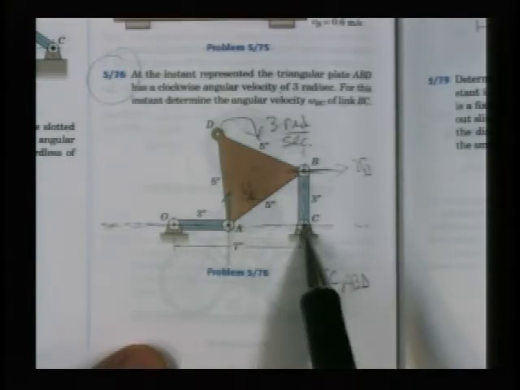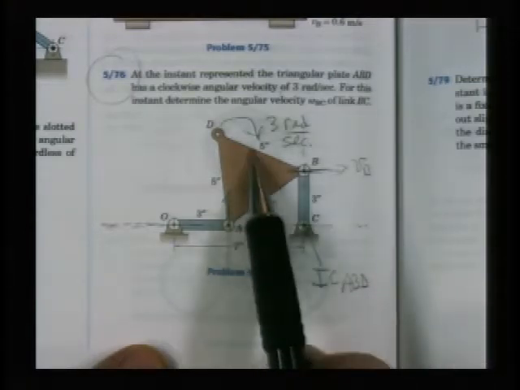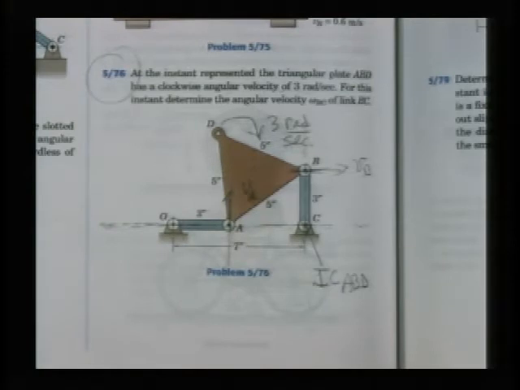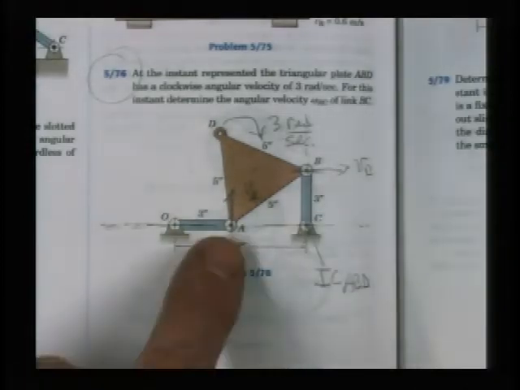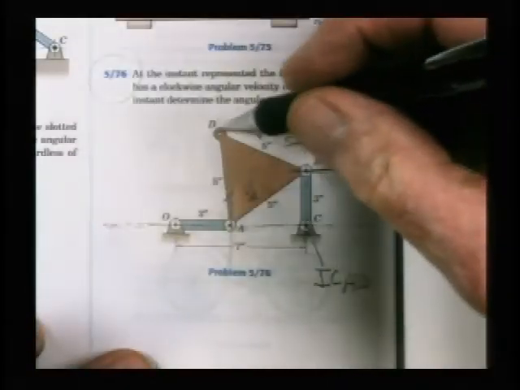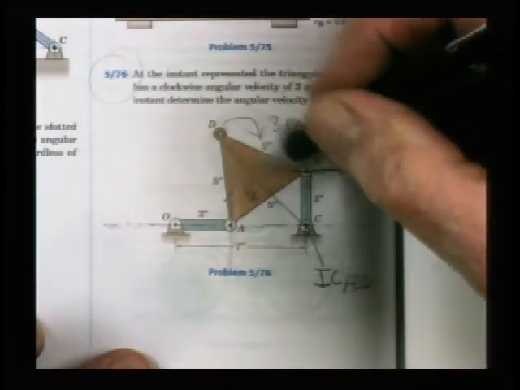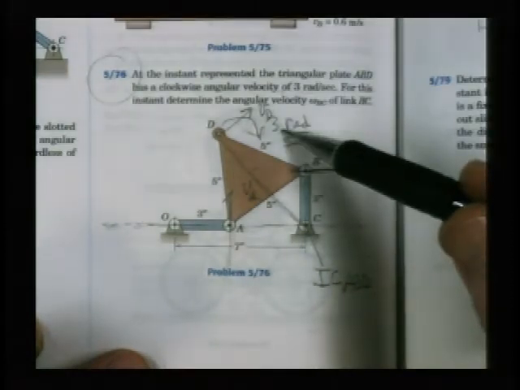So if this is the IC, and you know that plate is moving with an omega of 3 radians per second, you know the radius from C to B. So then you can figure out the velocity of B, or the velocity of A, or the velocity of D. The velocity of D is going to be 3 times this lever arm.